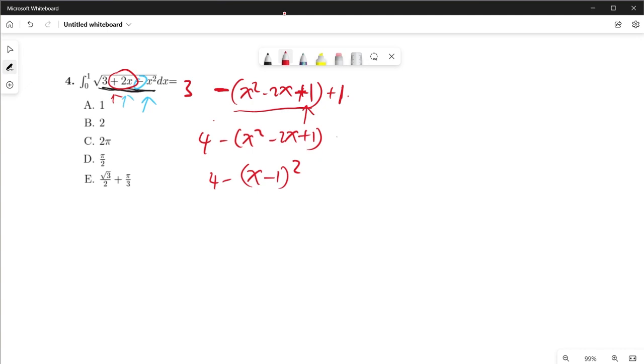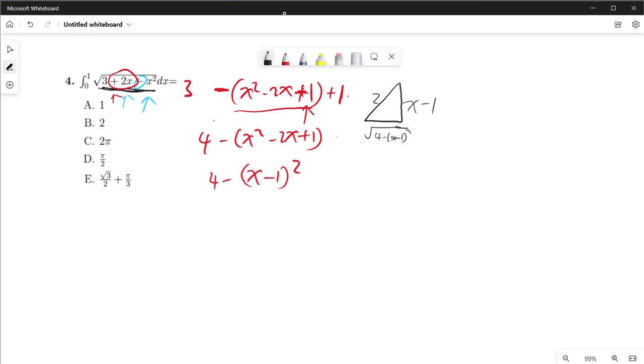Now we have a difference of squares under a square root. Then we can draw a triangle, right? And then we have 2 here and x minus 1 here. And then this bit would just be the square root of 4 minus x minus 1 squared.